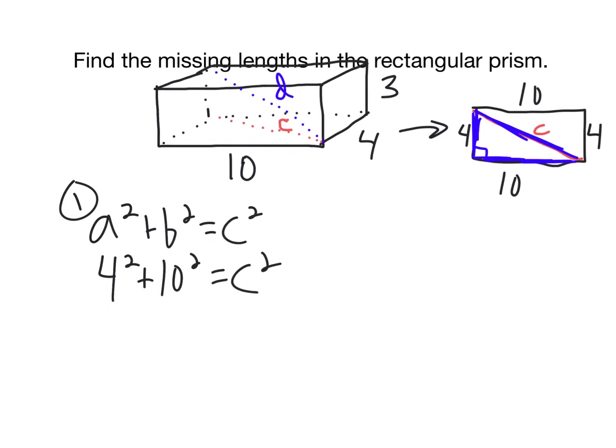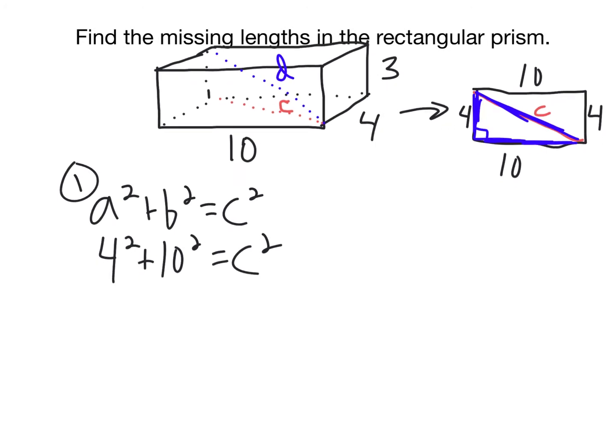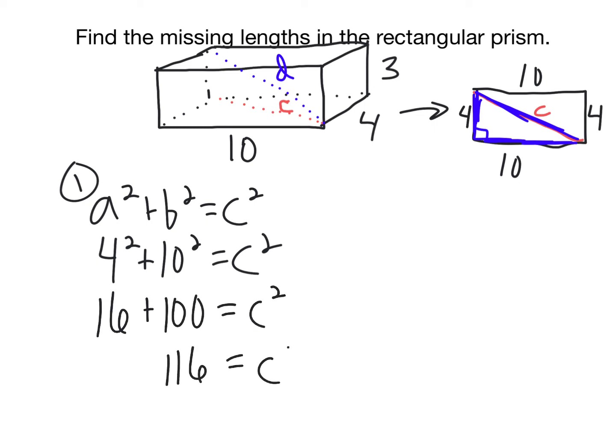So hypotenuse is what we'd be finding for that one. So 4 squared is 16, 10 squared is 100. Add those as 116. And then you can take the square root.